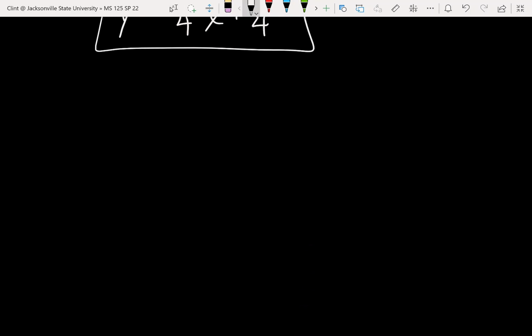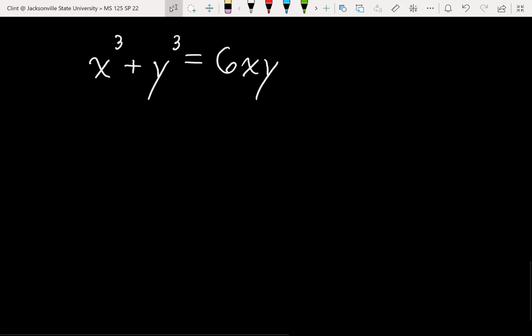So let's do that one. On this one, we've got x cubed plus y cubed. Is that how I have it written? Yeah, x cubed first and then y cubed. So there's our implicit expression.